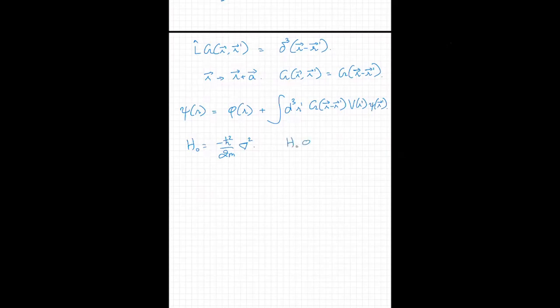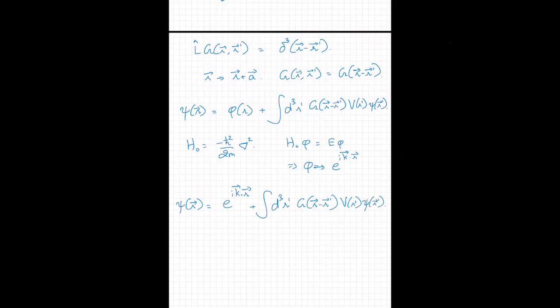So H0 phi equals E phi, which tells me phi is just your usual e to the i k dot r, right? So psi of r equals e to the i k dot r plus integral d cubed r prime G of r minus r prime V of r prime psi of r prime.